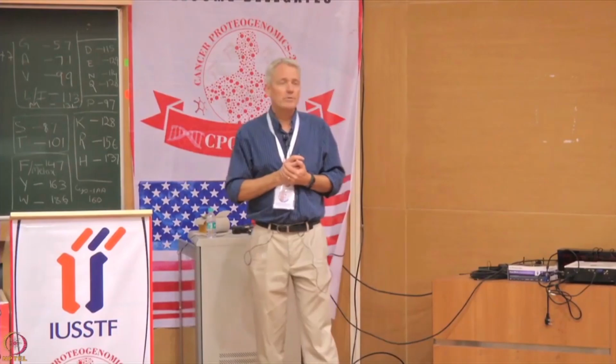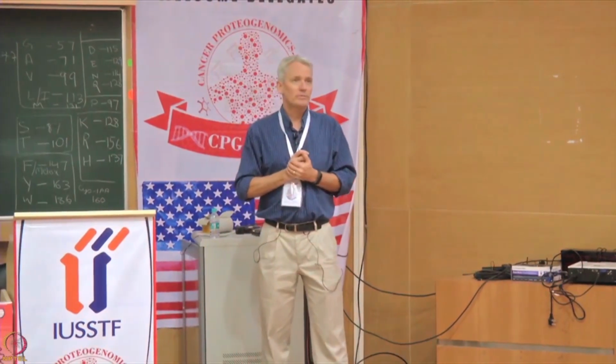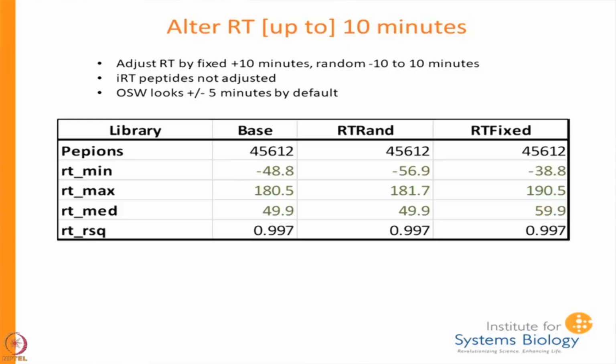Which one do you think gave the worst results? The one where I randomly added plus or minus, where the magnitude probably averages around 5, or the one where I added 10 to everything? Who thinks that the random one would be the worst? Who thinks the fixed one would be the worst? Who has no idea? Okay, no one's going to play.